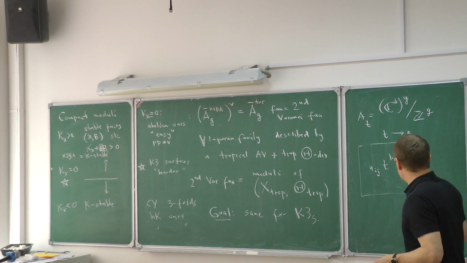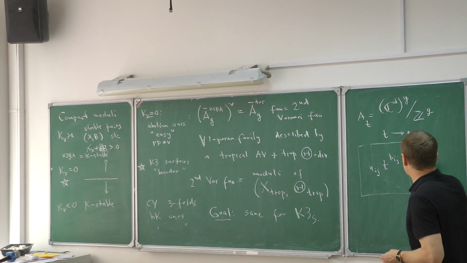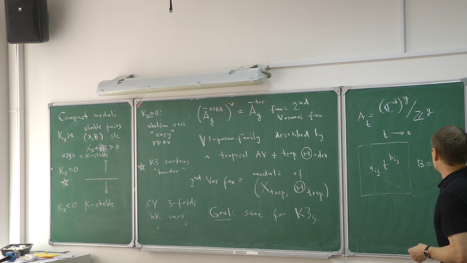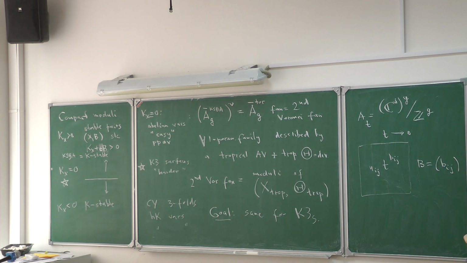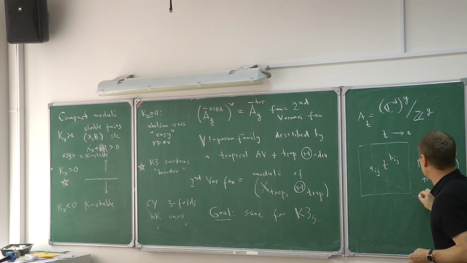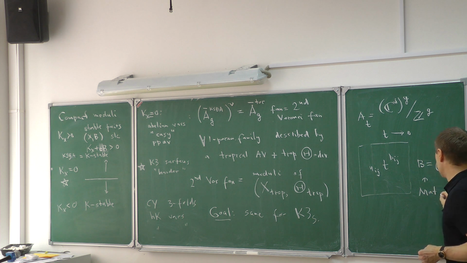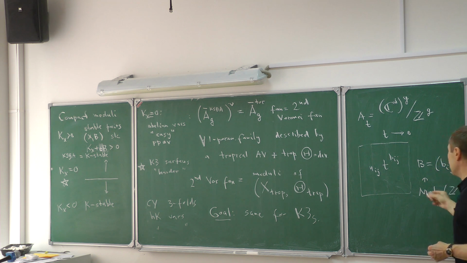So this b_ij is a matrix, g by g. It's symmetric, and it is integral valued.